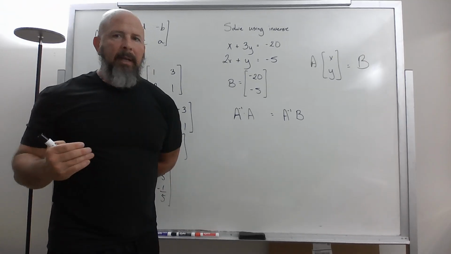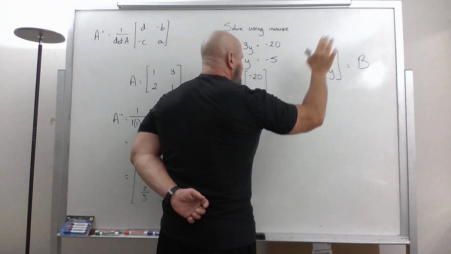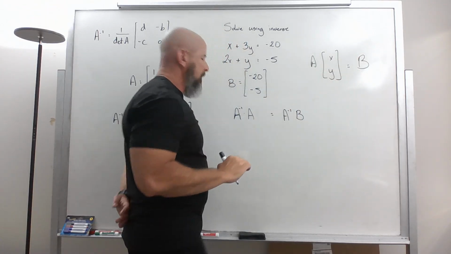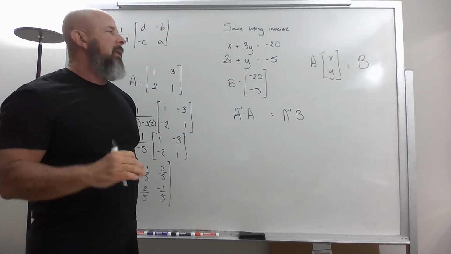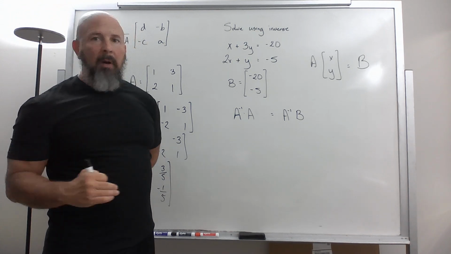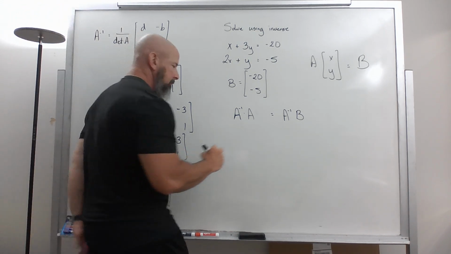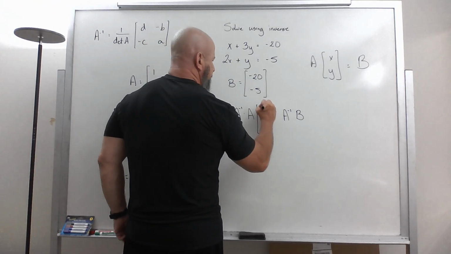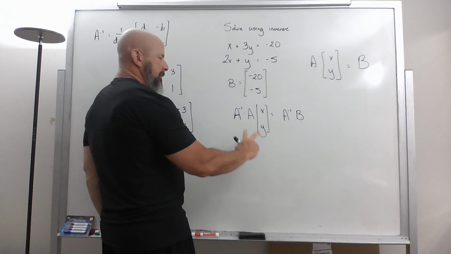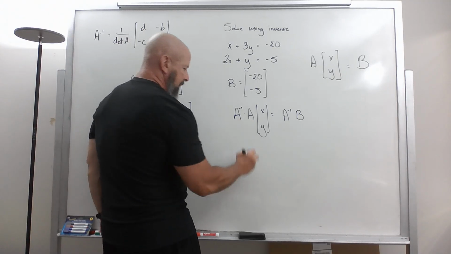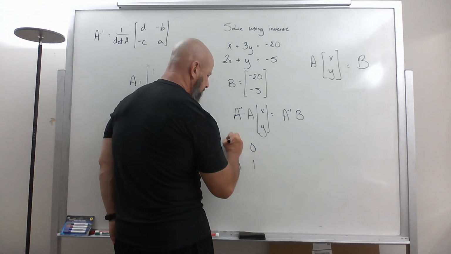Well, if this is an equation, then whatever I multiply by on the left, I have to do so on the right. So if I multiply the left side by A inverse, then I have to multiply the right side by A inverse. I can't do one side without doing the other. Now, what we just talked about was, if I multiply A inverse times A, I get 1, 0, 0, 1.